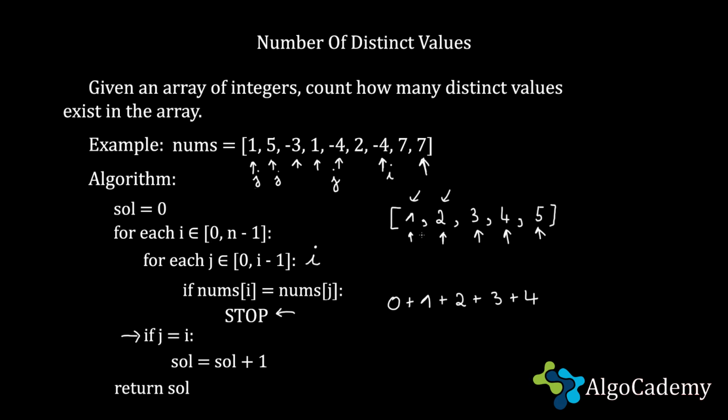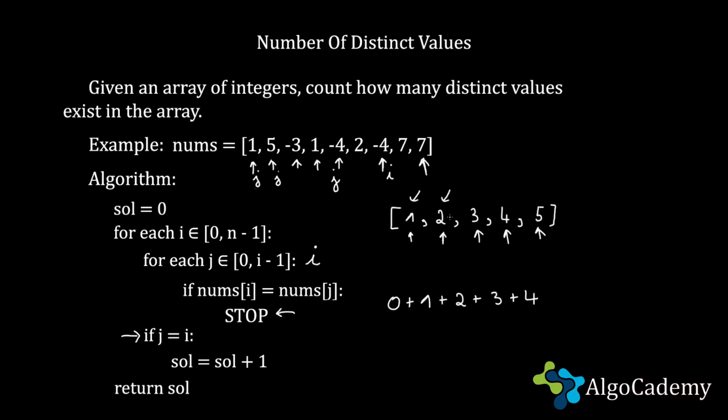And the number of operations we do in that scenario is, for each value of I in the inner loop, this sum: 0, plus 1, plus 2, plus 3, plus 4. That's in this example, because the length of the array is 5.